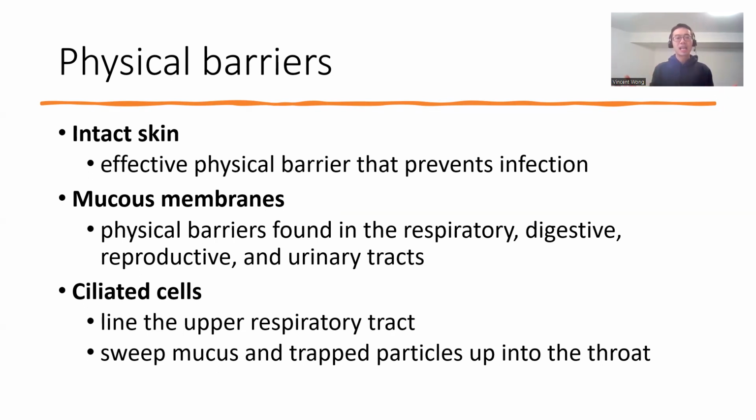So in place of skin, you have these mucous membranes. Okay? So the eyeball has a mucous layer, right? And this continues in the respiratory system, digestive system, reproductive system, and urinary tract. Even though the respiratory system is on the inside of the body, it's still an exposed surface, right?